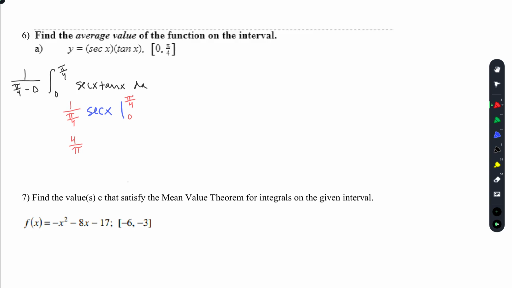Then plug in those values. Got to remember, how do you do secant? Just do cosine, flip it.